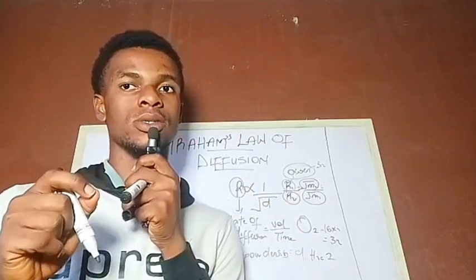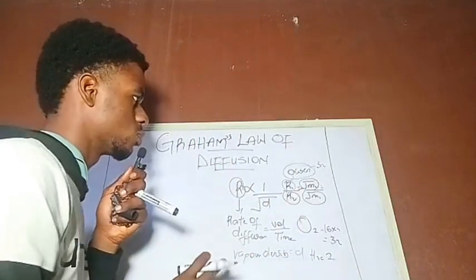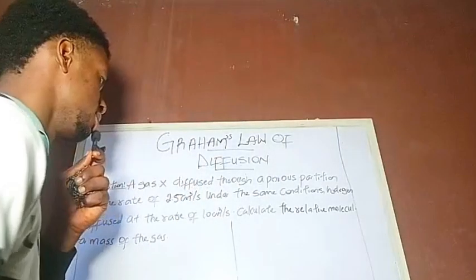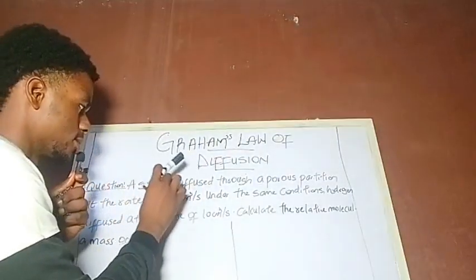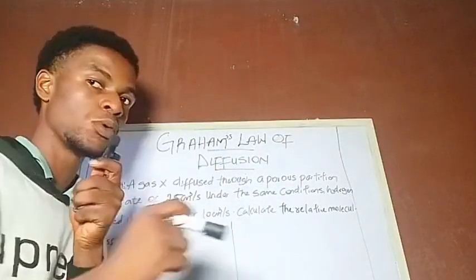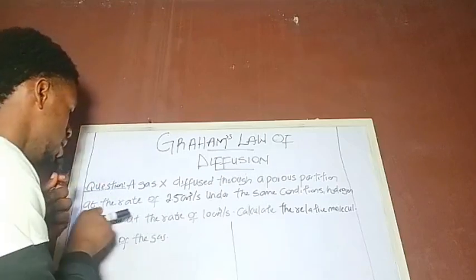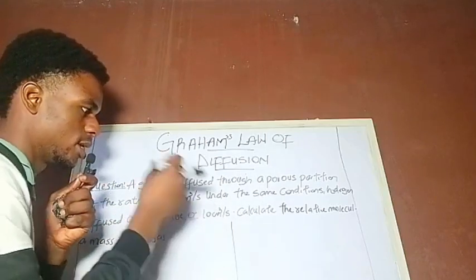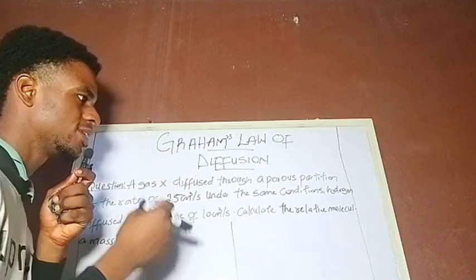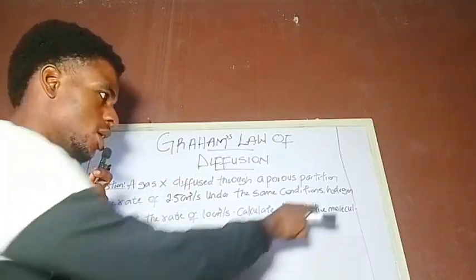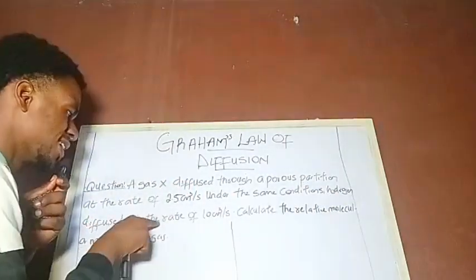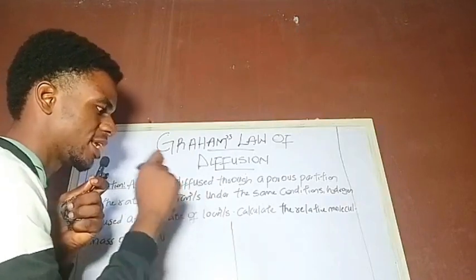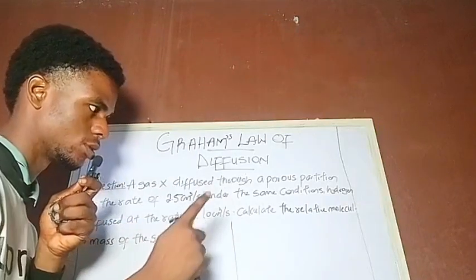Now, let's look at the question under this particular law. They said a gas X diffused through a porous partition at the rate of 2.5 centimeter cube per second, that is seconds, under the same conditions. Hydrogen diffused at the rate of 10 centimeter cube per second.